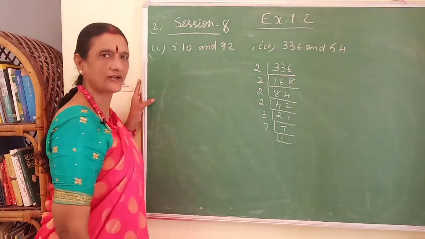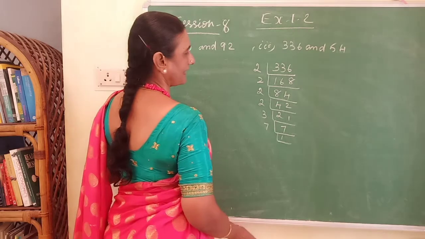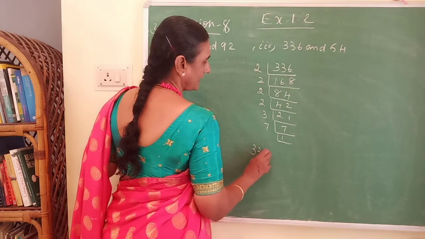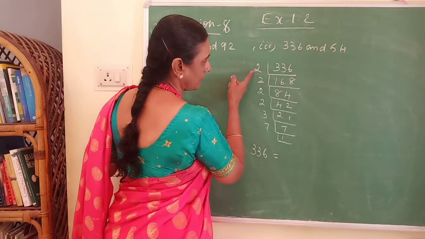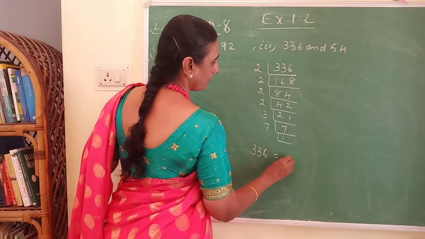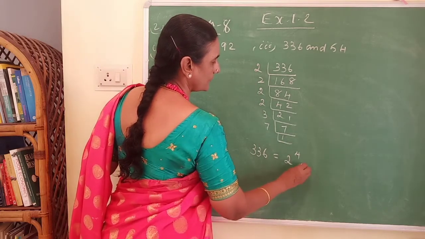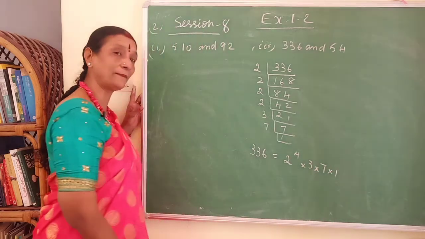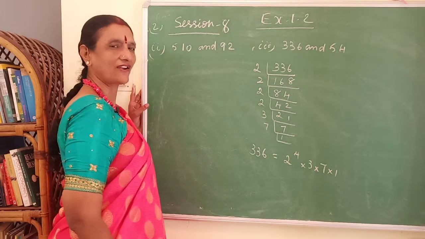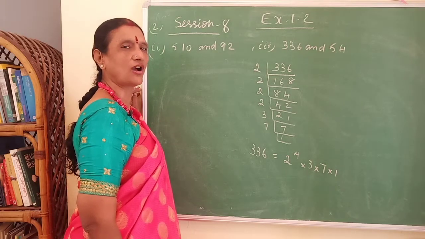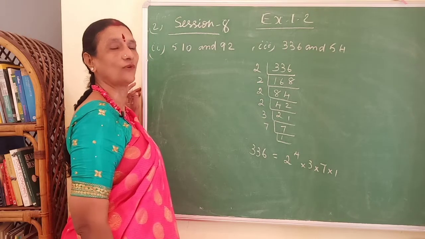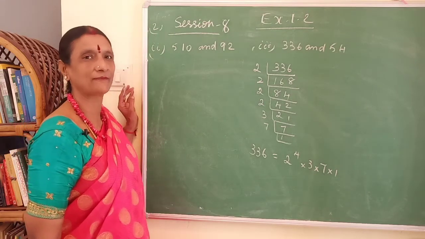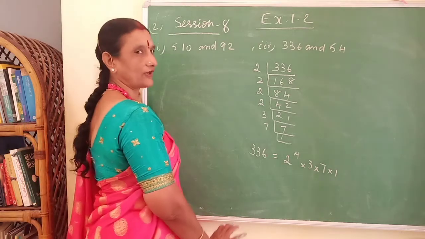Are you understanding? Therefore, I can write this factorization as 336 is equal to 4 powers of 2 into 3 into 7 into, of course, this 1. But this one makes sense. Why are we not omitting 1? When there is no common factor, we can circle the 1 and say the HCF is 1. Therefore, I insist that you should write that 1 also.